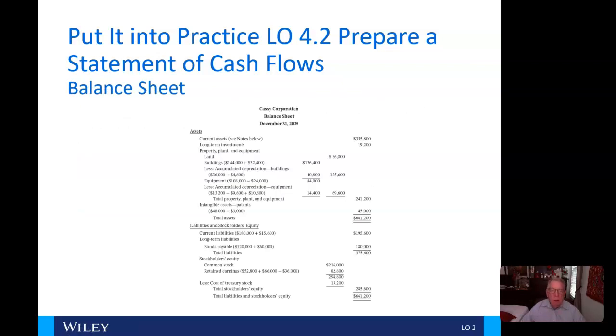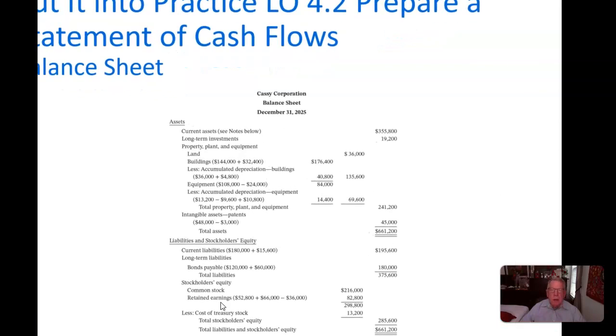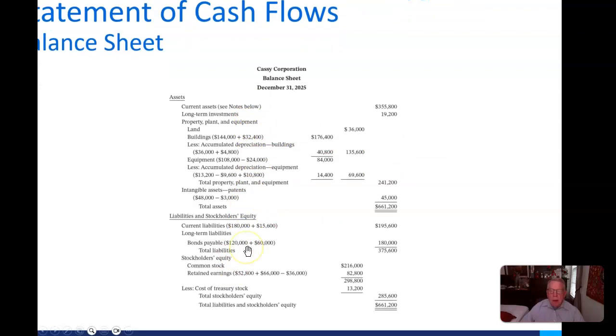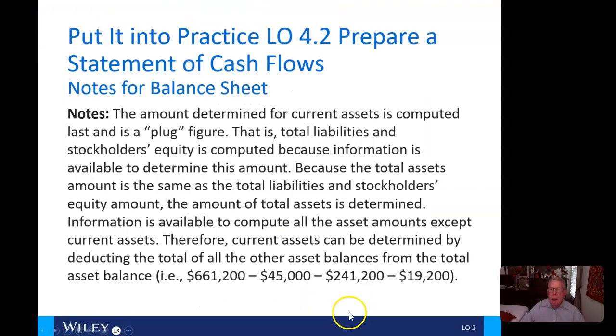While this is very small to see, perhaps I can make it a little bigger here. Here we have our current assets and our balance sheet. Now, the amount determined for current assets is computed last and is a plug figure. That is the total liabilities plus stockholders' equity is going to be how we determine that amount.